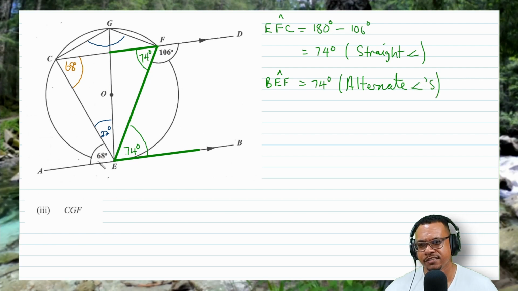And now these four angles here, 68, 22, and this missing piece here, and this 74 will be a straight angle. So this missing piece would be, let's put this in red here, angle FEG.